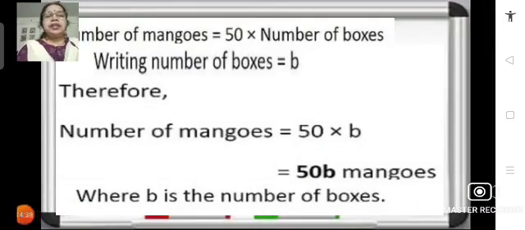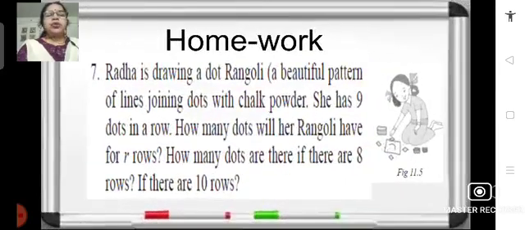Students, once again I will remind you that you have to solve all these problems neatly in your notebook. There is one problem given as homework, that is problem number 7 of exercise 11.1. Radha is drawing a dot rangoli, a beautiful pattern of lines joining dots with chalk powder.